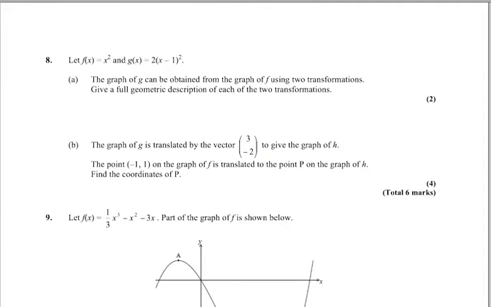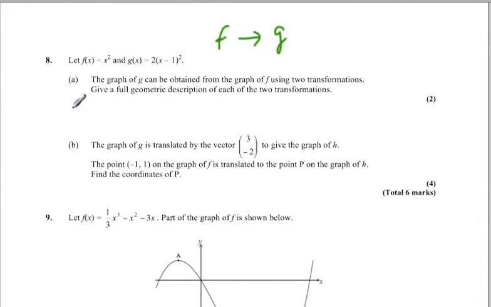All right, so let's do this. Let f of x equal x squared and g of x equal 2 times (x minus 1) squared. The graph of g can be obtained from the graph of f using two transformations. So in other words, we're going from f to g, right? And if this is x squared and we're going to there, I can immediately say that there's a vertical stretch of 2 and a horizontal translation of 1 to the right.